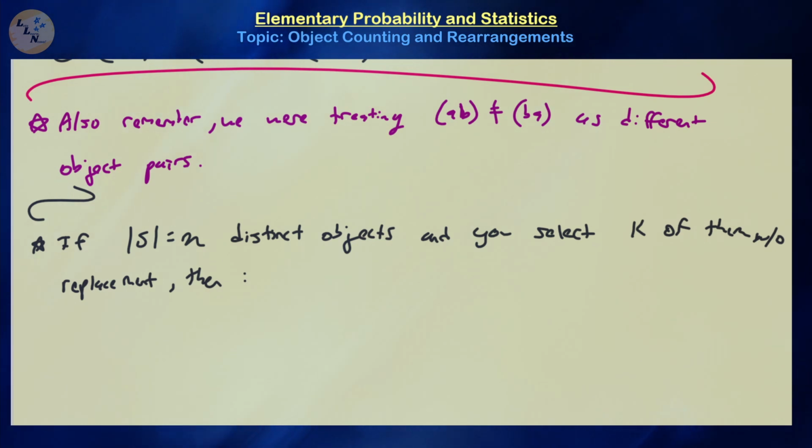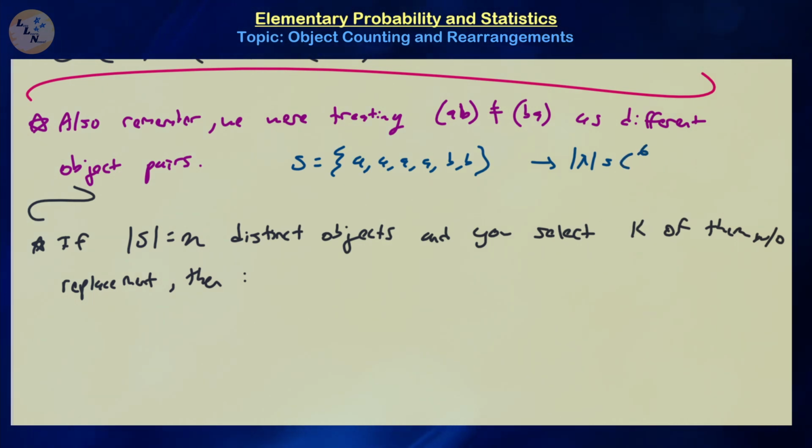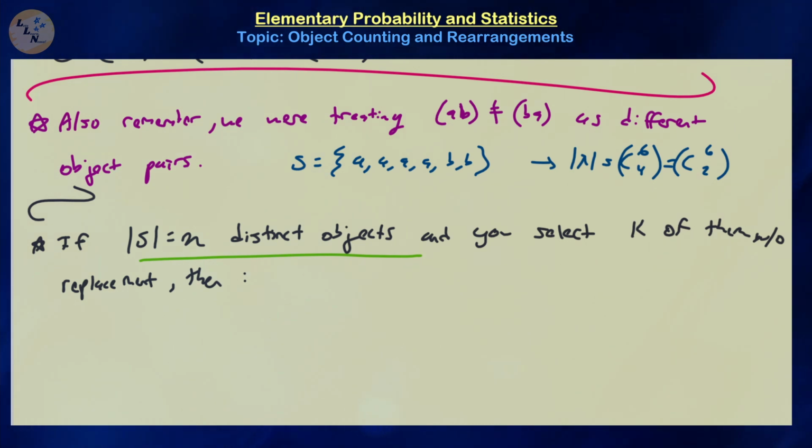For example, the problem that binomial coefficients were solving before was like A and B. How many rearrangements of these letters are there? So the size of S, or the rearrangements of the elements in S, is going to be equal to 6 choose 4. Or you could focus on the B's and do just 6 choose 2. You'll actually get the same exact answer. But notice in this assumption, we're treating all these objects as different. And we're selecting k of them.